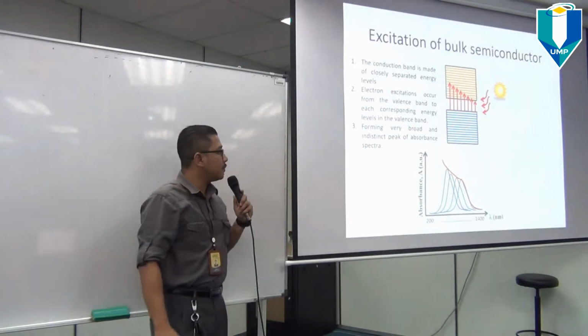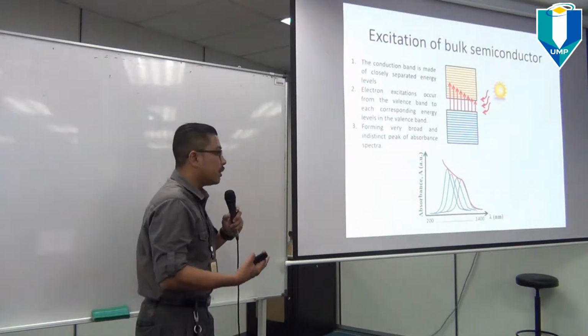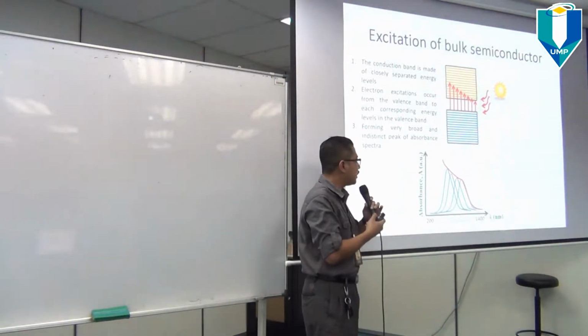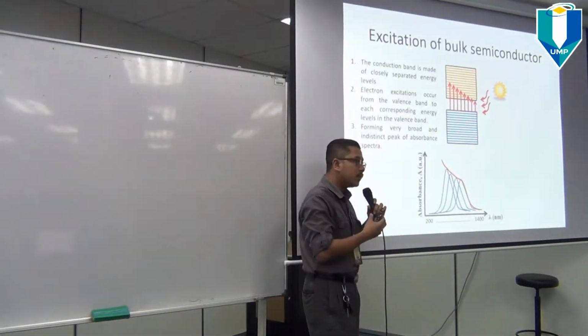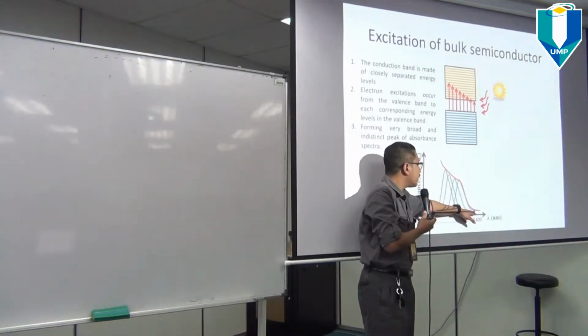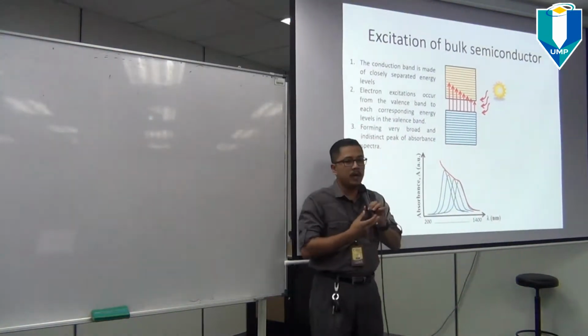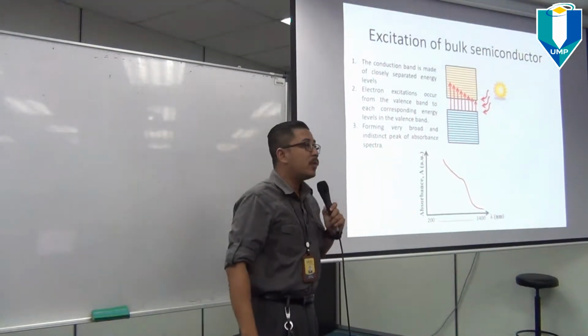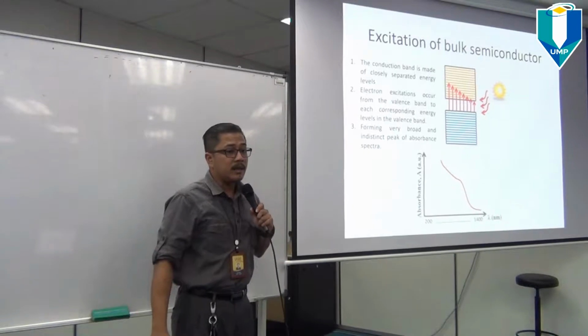Cumulatively, the instrument will give us only one graph, the cumulative graph, which is the red line over here. It won't give us the blue lines. It will give us only the red graph, which is the cumulative of all the excitations. So you will get a very broad and indistinct peak.